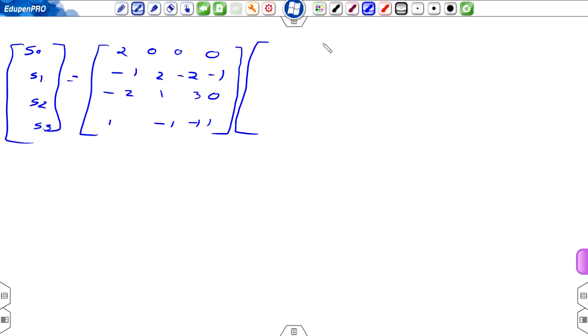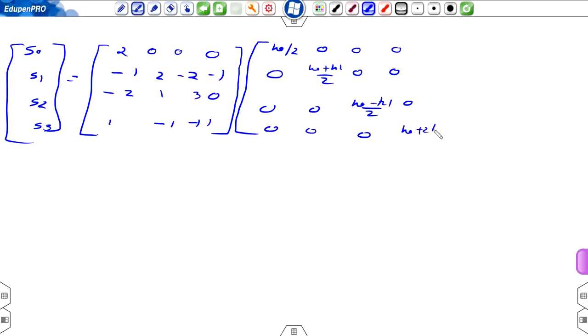and we have h0 by 2, 0 0 0, 0 h0 plus h1 by 2 0 0, 0 0 h0 minus h1 by 2 0, and 0 0 0 h0 plus 2 h1 by 6.